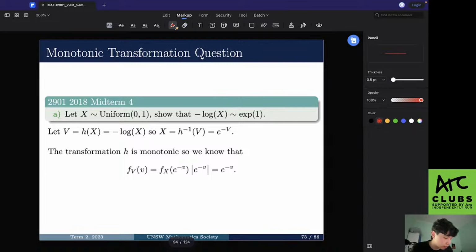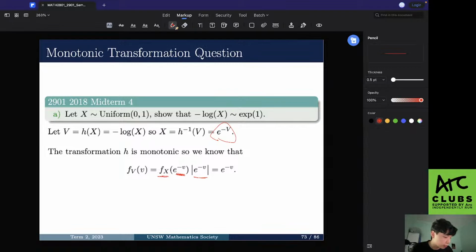So we have a transformation here. h is monotonic, and what we do is we take our f of x, we replace the x with our function of v, and then we multiply it by the absolute value of our transformed derivative, which is e to the minus v. We know that e to the minus v is always positive, so we don't need the absolute value.